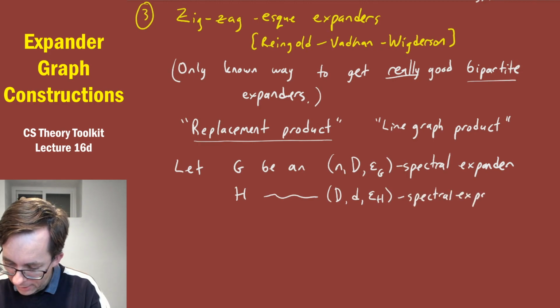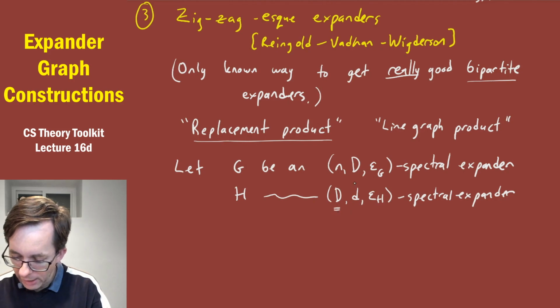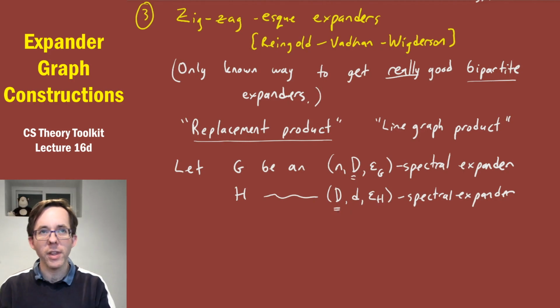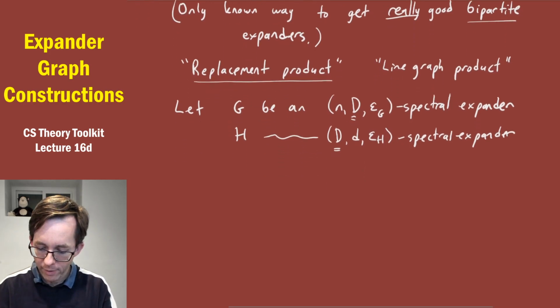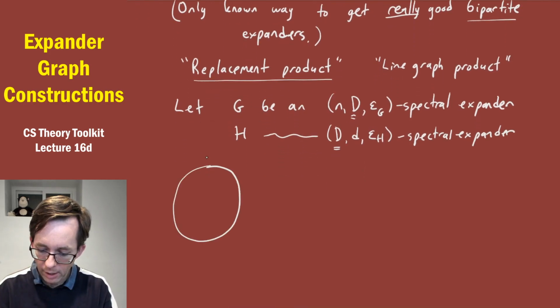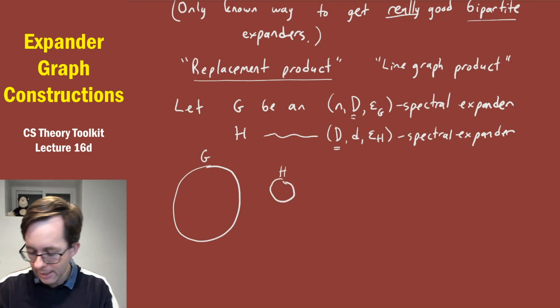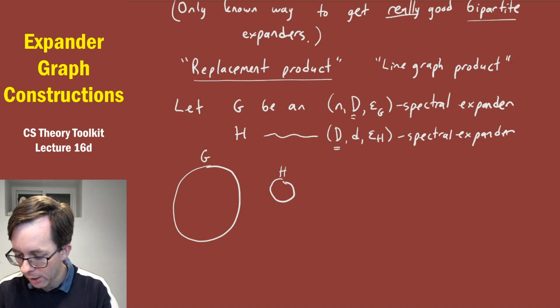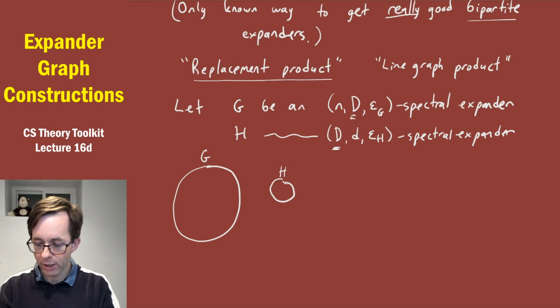The funny thing here is that the number of vertices of H is equal to the degree of G. So think of G as a big graph, and think of H as a little graph. They have this compatibility condition that the number of vertices of H equals the degree of G.